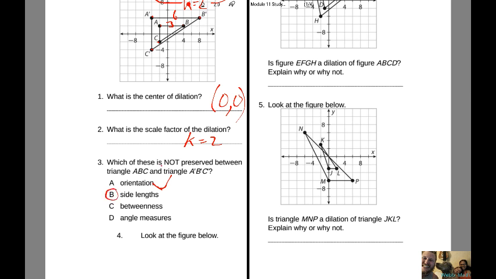All right, so we're looking for not. Orientation, check. Side lengths, nope. The only time side lengths will stay the same is if k equaled 1, your scale factor was 1, because 1 times anything is just whatever that one thing was. Didn't change. But that's not the situation.